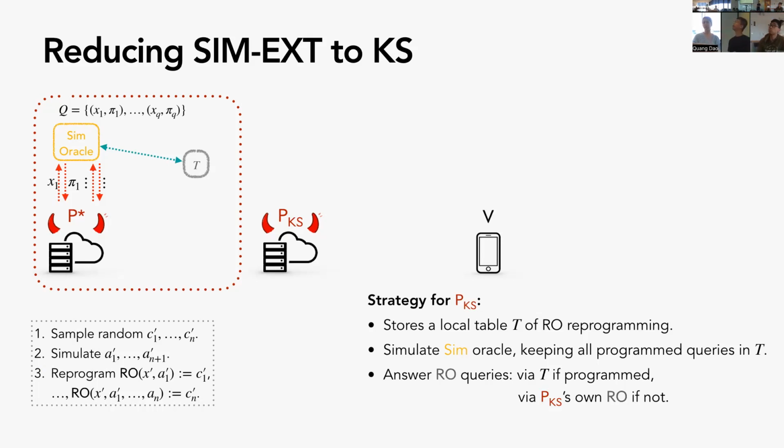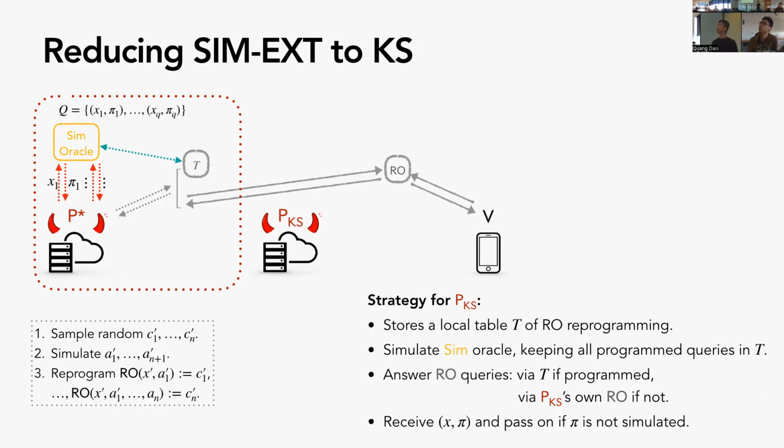Okay. So now when the SIM-EXT prover wants to ask some random oracle queries, we have two cases. Either it is a programmed query, in which case it will be answered from this table T, or it will be answered by the knowledge soundness adversary's own random oracle. And finally, once the SIM-EXT prover sends a proof and statement pair, it would pass it on if this proof is not simulated.